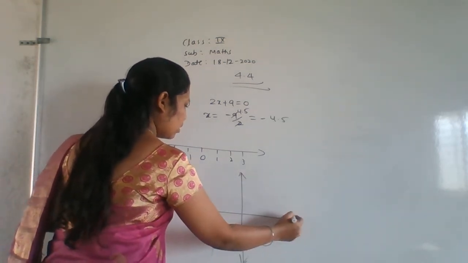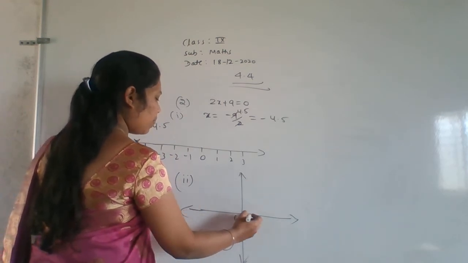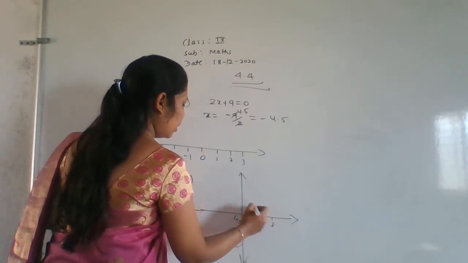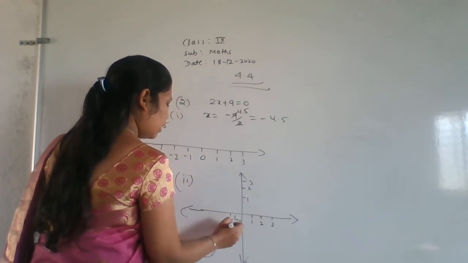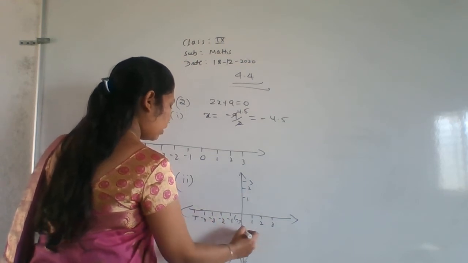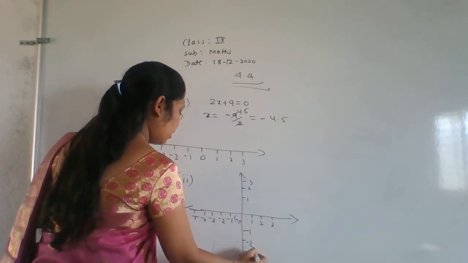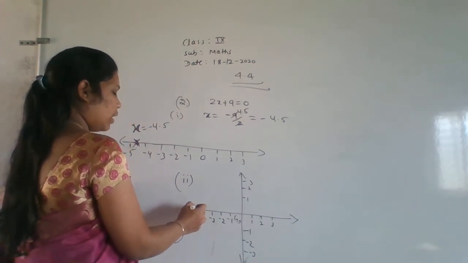Okay. Here 0, 0 and 1, 2, 3, 1, 2, 3, minus 1, minus 2, minus 3, minus 4, minus 5, minus 1, minus 2, minus 3. Okay, so they told us x is equal to minus 4.5.